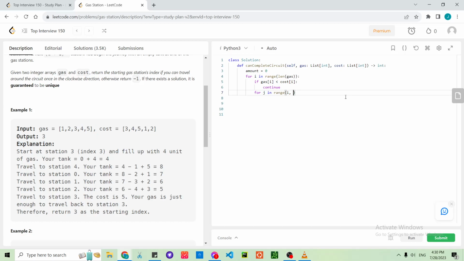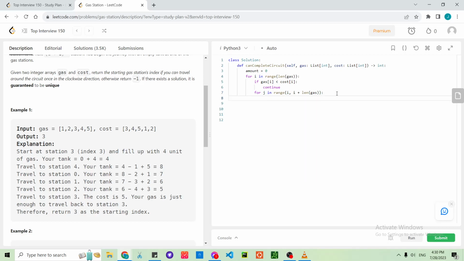i to i plus length minus 1. So this will be index 3, length is 5, so 8 modulo 5 will give us 3, so -1, that's where it's gonna stop. So this actually is gonna stop there, right? That's good.